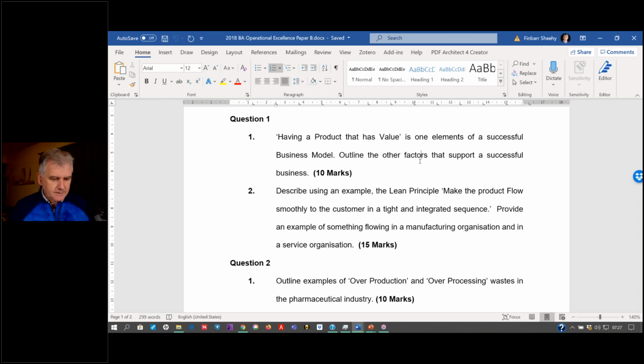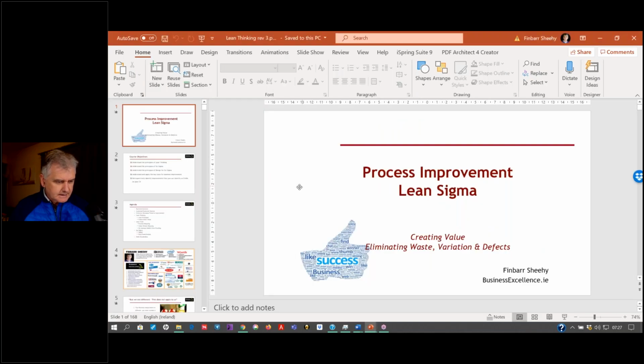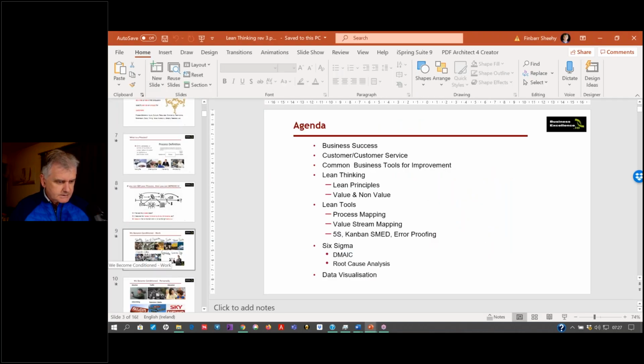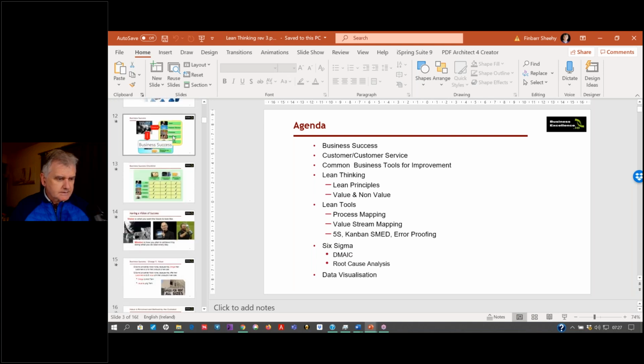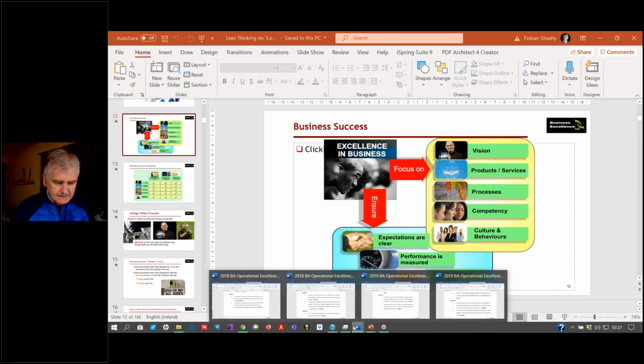Let me jump to the slide, because I don't ask that one too often. What we're referring to is this slide here, a successful business. And if you read the question, sometimes I'm giving you an indication. What I'm looking for here is discussing this model.